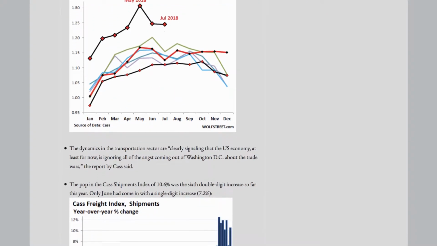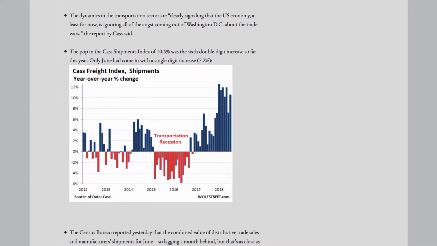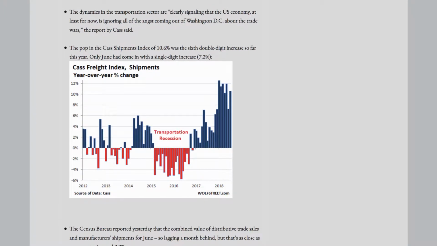The dynamics in the transportation sector are clearly signaling that the U.S. economy, at least for now, is ignoring all of the angst coming out of Washington, D.C. about the trade wars, the report by Cass said. The pop in the Cass Shipments Index of 10.6% was the sixth double-digit increase so far this year.